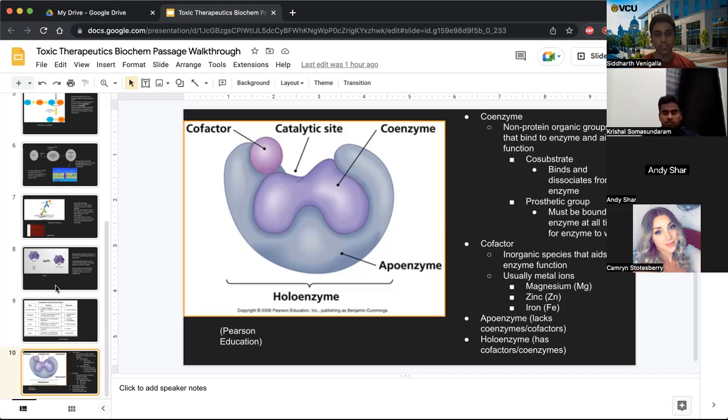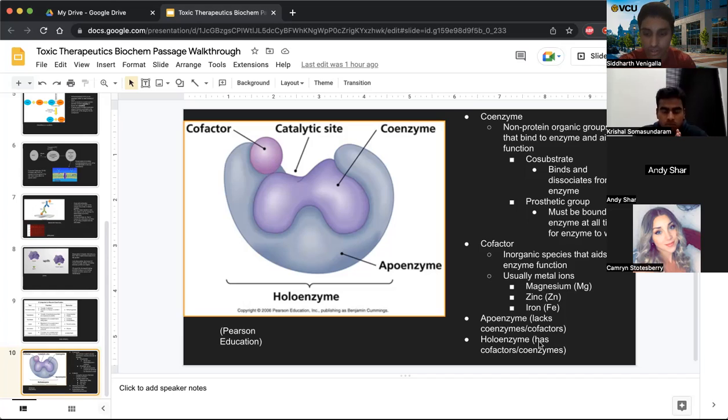Yeah, that's why cofactors are pretty important, and they're pretty common too. Whenever you see zinc or iron or magnesium, you usually know those are going to be a cofactor. And that's why deficiencies are pretty serious. Yeah, exactly, because we need those enzymes in our body to work for us to be healthy. Okay, thank you. Yeah, no problem.